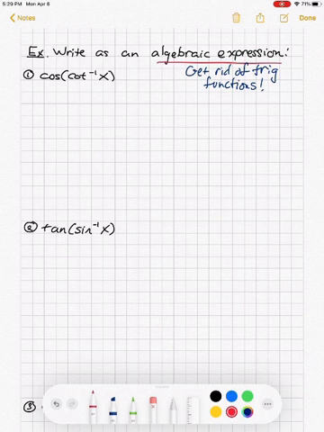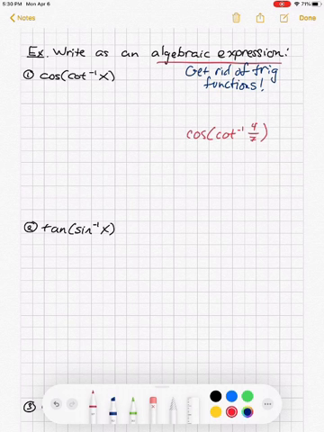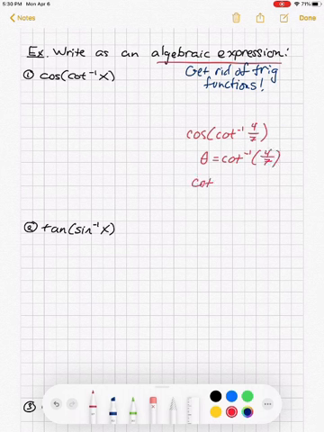We've done this before, but let me just remind you, what if I had one like this? Remember how we did these? We said, okay, theta is the inverse cotangent of 4/7. Cotangent theta is 4/7.